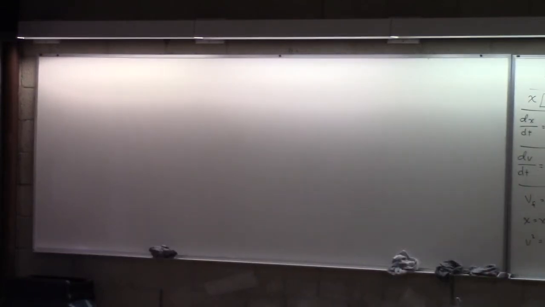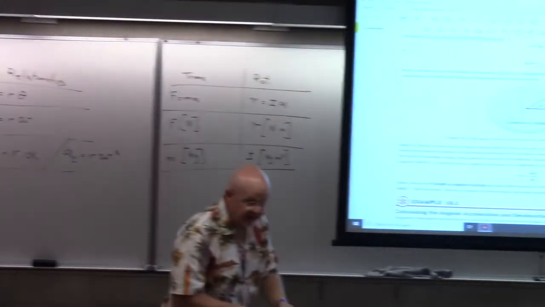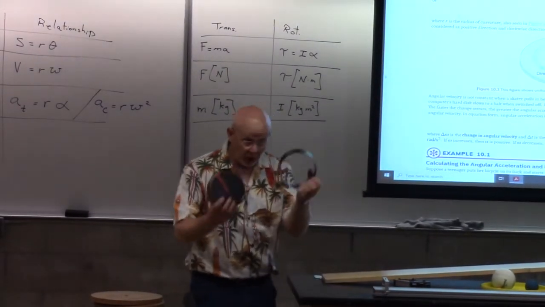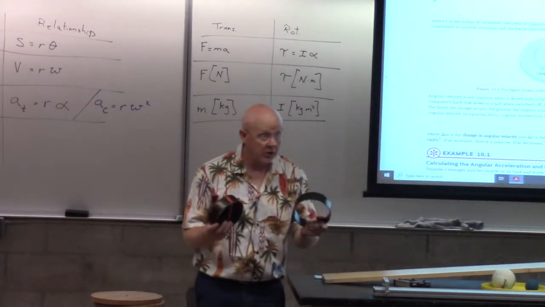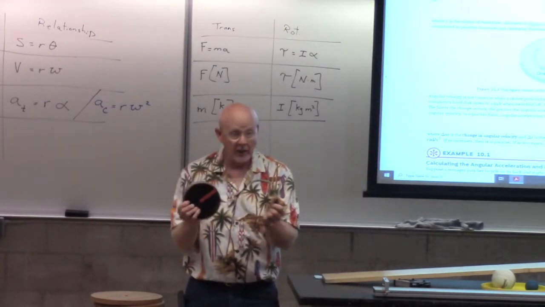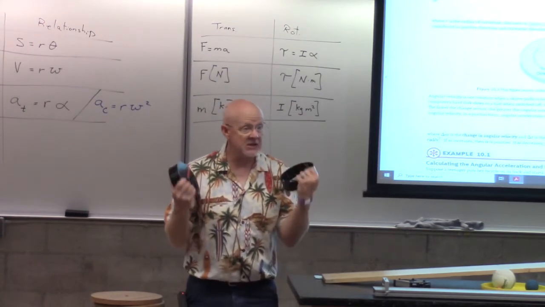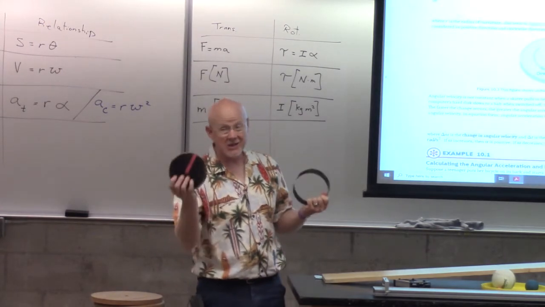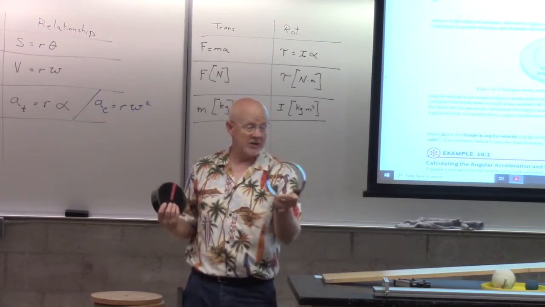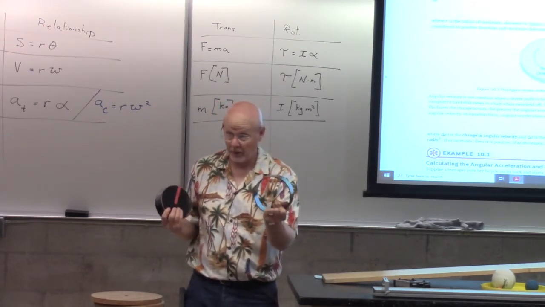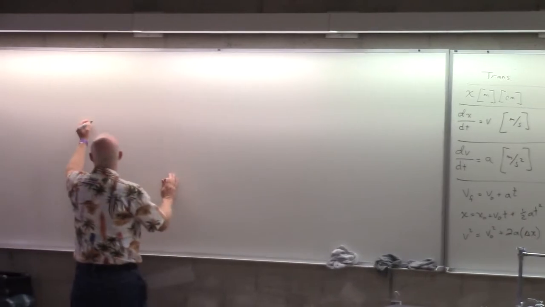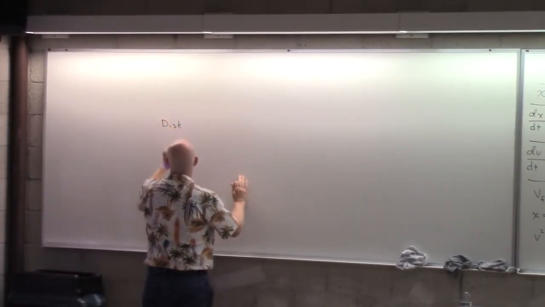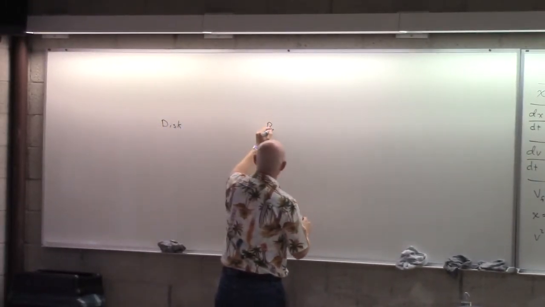So on this one, we purposely gave them the same radius, we purposely gave them the same mass. This one's made out of metal and this one's made out of a light wood. Purposely gave them the same mass, the same radius, but yet one is a solid disk and one is what we'd call a ring or a hoop. Let's look at a disk, and let's look at a ring.